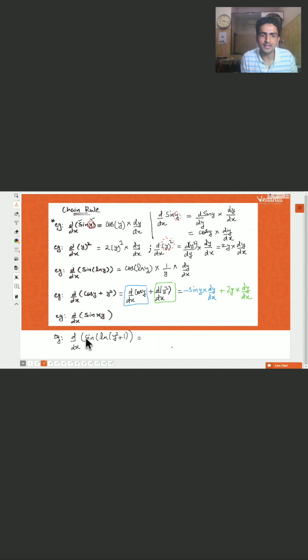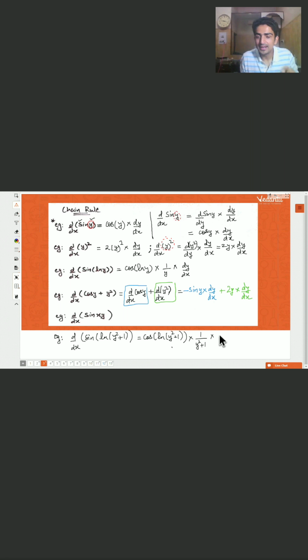First you differentiate sine, it is cos, and keep everything inside as such. Do not disturb it. Multiply. Then you differentiate ln. Derivative is 1 by whatever is inside, into. Then you differentiate y square plus 1.